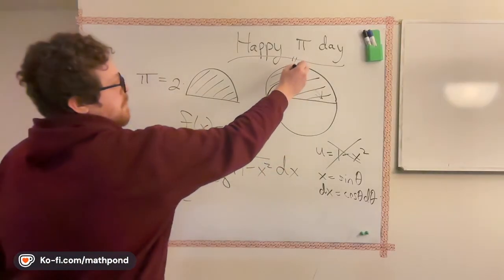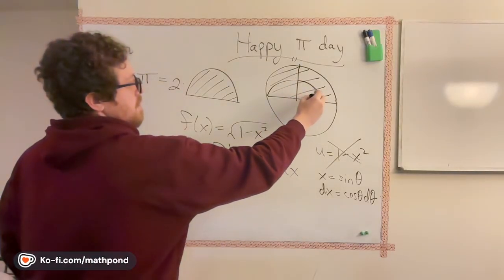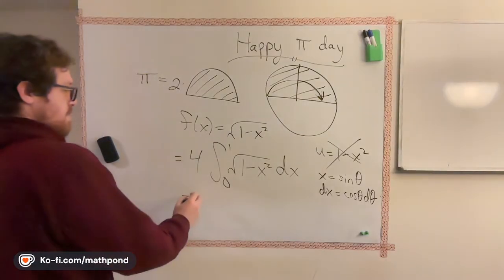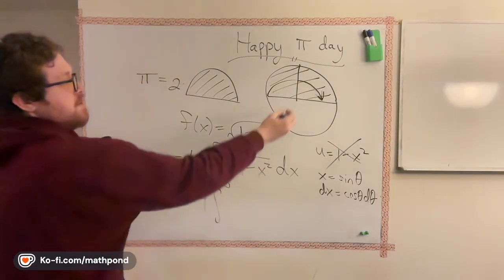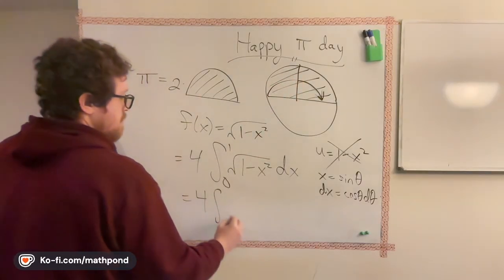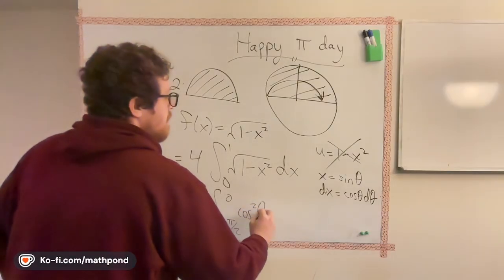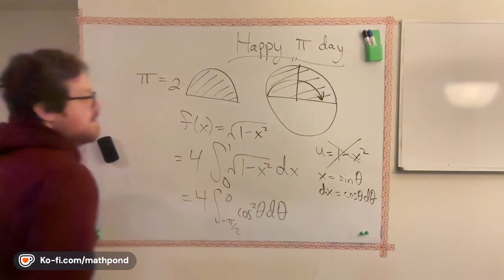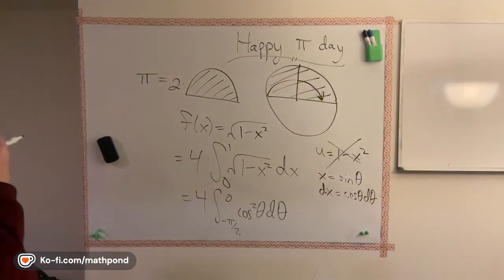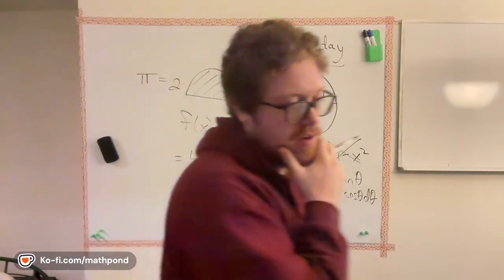So from 0 to 1, I guess we're going now this way. So it should be from -pi/2 to 0, cosine squared theta d theta. And how do we do cosine squared as an integral?